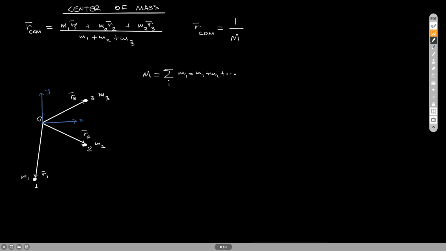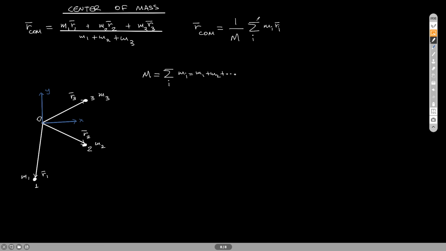And then in the numerator, I have a sum. So I'm going to use the Greek uppercase sigma over i. I'm adding over i, using this as my index. m_i, r_i essentially represent m1, r1, m2, r2, m3, r3, and so on.